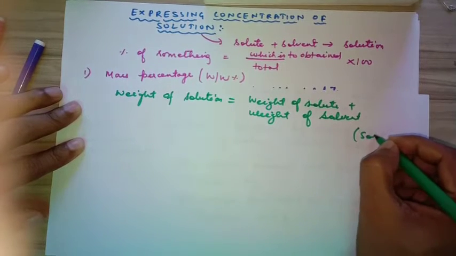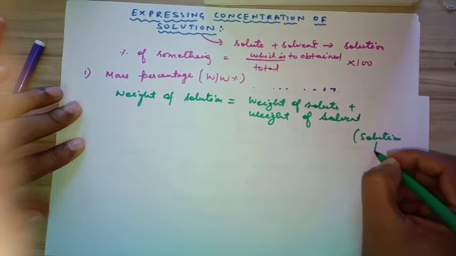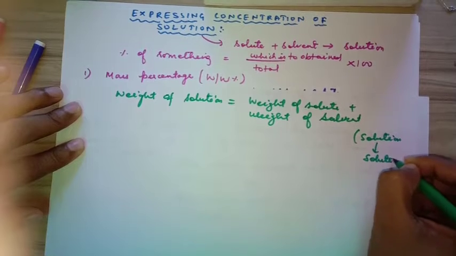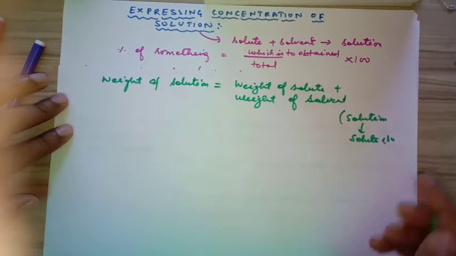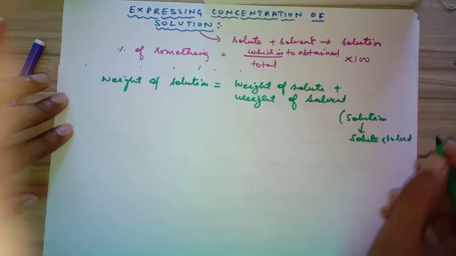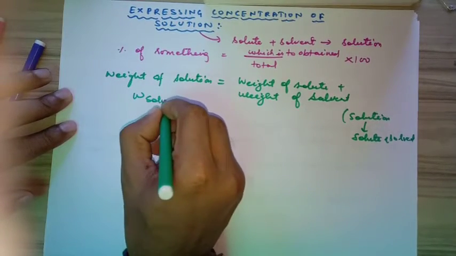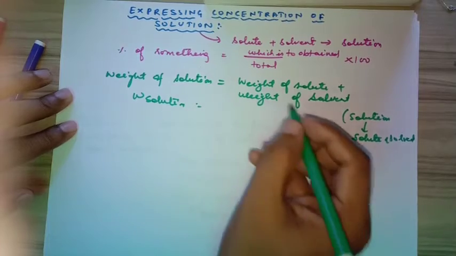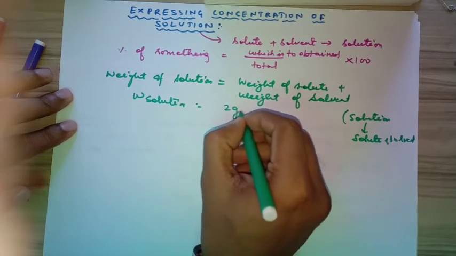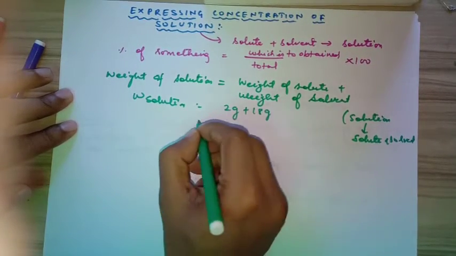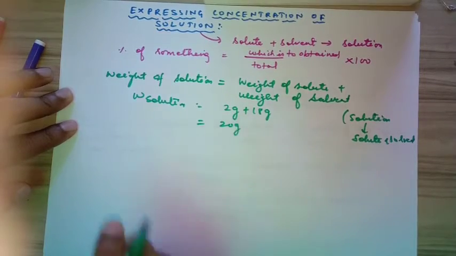So we say that solution is made by solute plus solvent. So weight of solution will be 2 gram plus 18 gram, so it will give us 20 gram of solution.